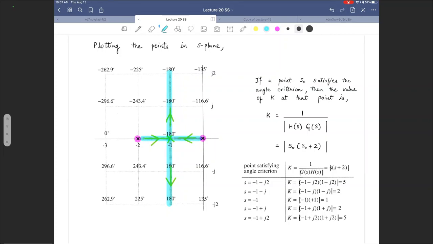Now we can find the values of s for those points that satisfy the angle criteria by simply using the magnitude value of k, right? I just talked about that. So you can take all these 5 points on the second test column, evaluate 1 divided by the absolute value of h of s g of s, in this case for those specific values of s, 5 of them, and you will see that they evaluate to 5, 2, 1, 2, and 5.